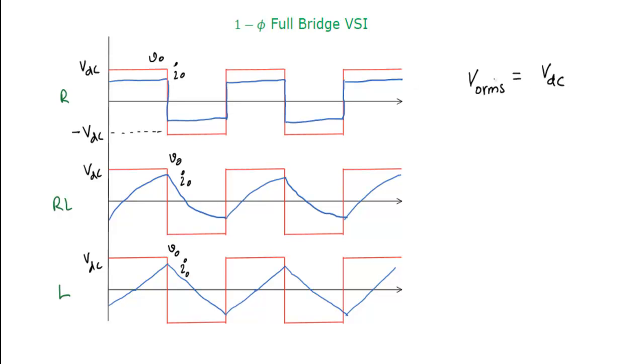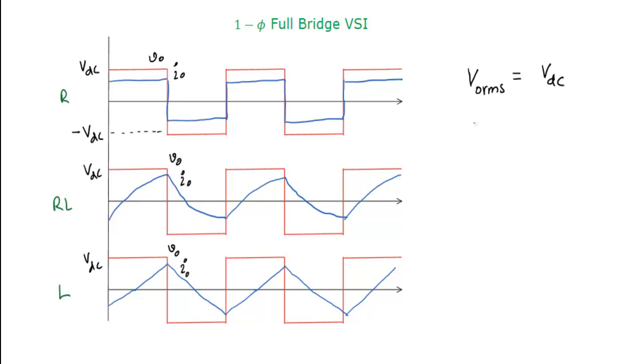Okay, so that's the first thing. And in case of half-bridge inverter it is VDC/2 for the same source voltage. That is why by using the full bridge inverter we can get double the output RMS voltage compared to the half-bridge inverter. We discussed that was the second disadvantage of the half-bridge inverter that we can overcome using the full bridge inverter.